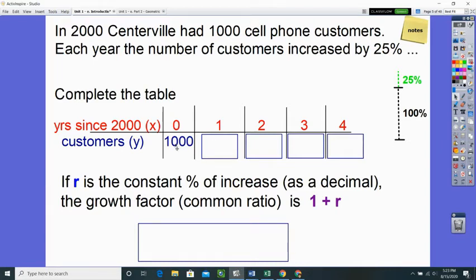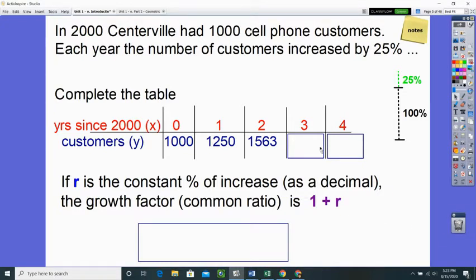So it would be the 1,000 plus, in this case, 250, and your new number of cell phone customers would be 1,250. Now, if you take that 1,250 and multiply that by 0.25 in the calculator, that's going to be your increase from 1 to 2. Add it to the 1,250, and you'll get 1,563.